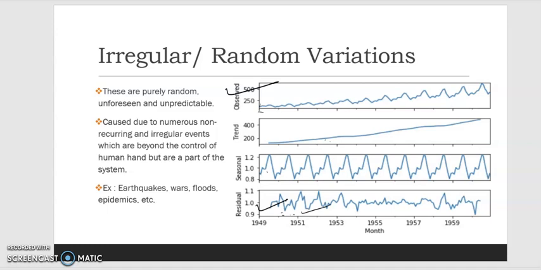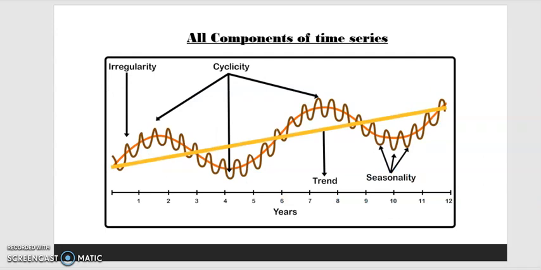So when we are studying that effect, the residual or irregular components also come into the picture. So the residual graph is considered as an irregular component. It is not controlled by human hand, but it is always a part of the system. We cannot omit it. So all these four components together are going to look like this.